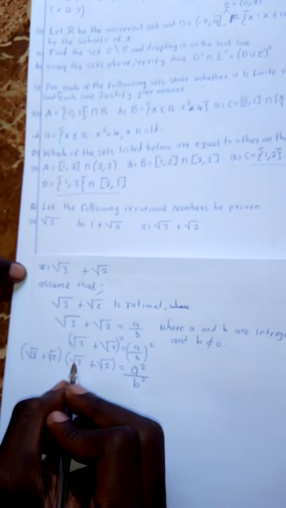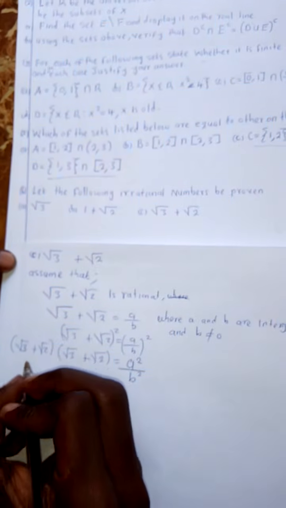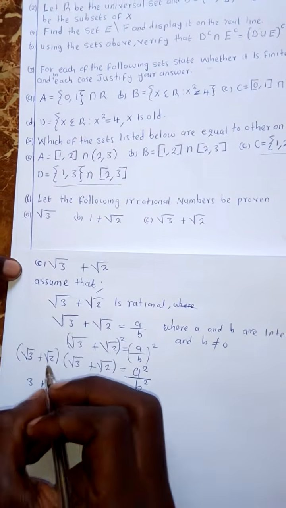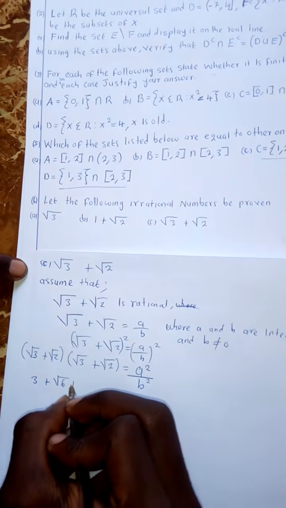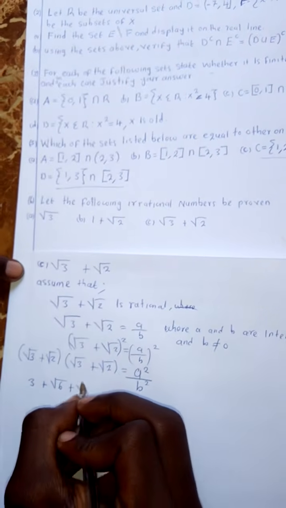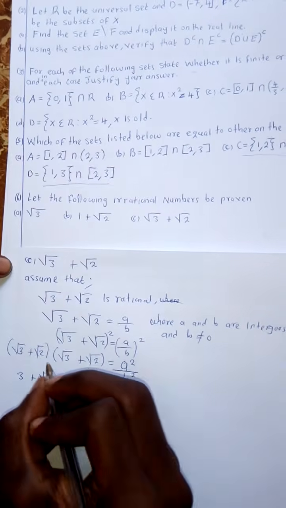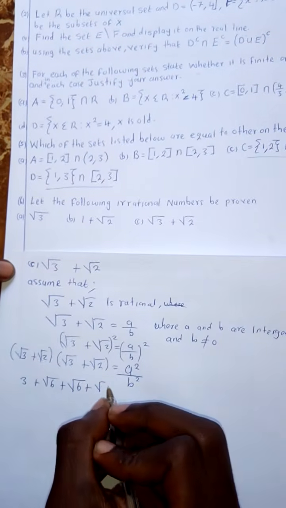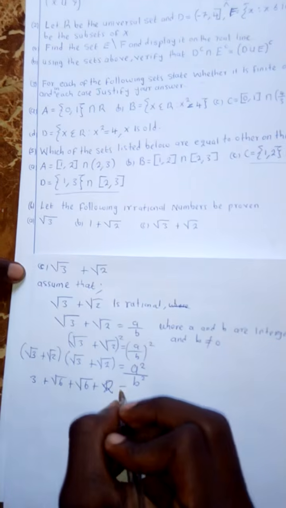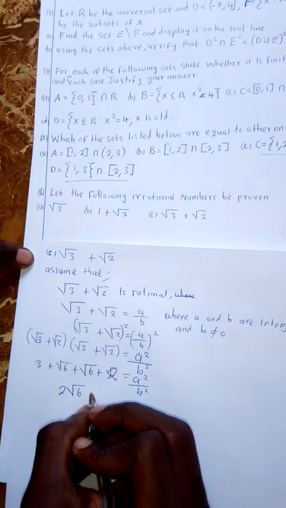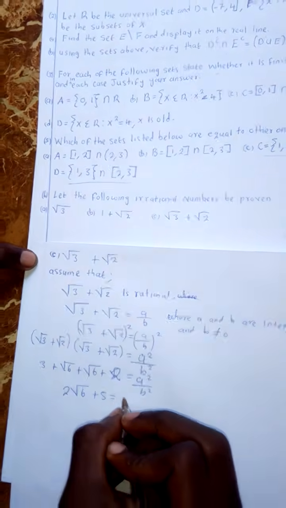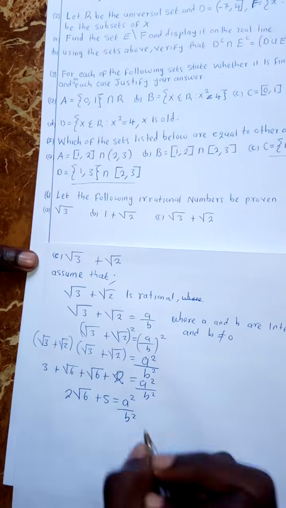Now, the root of 3 multiplied by the root of 3 is simply 3, plus the root of 3 multiplied by the root of 2, which is root of 6, plus the root of 2 multiplied by the root of 3, root of 6, plus the root of 2 multiplied by the root of 2, which is simply 2, then equal to A squared over B squared. Now this is going to be this plus this, so this is 2 root 6 plus 5 equal to A squared over B squared.